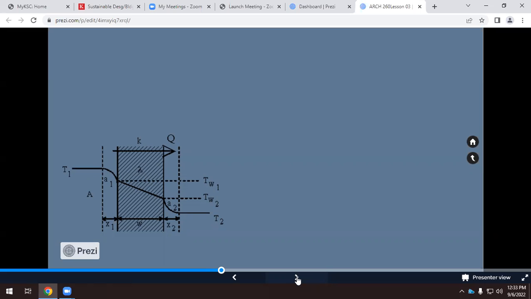We can have more, but we need the external finish, we need the internal finish, and here we have thermal insulation. Okay, at least we need these 3 materials.